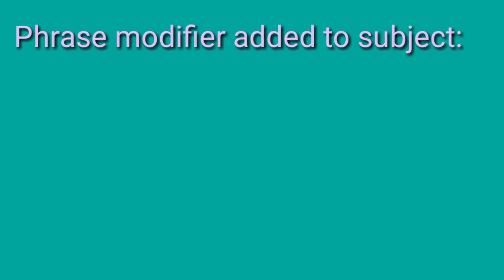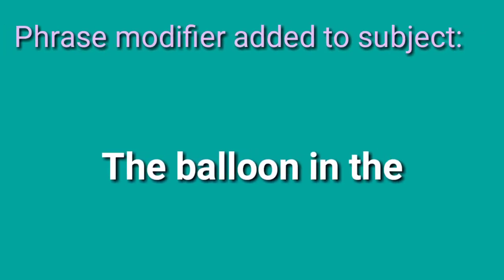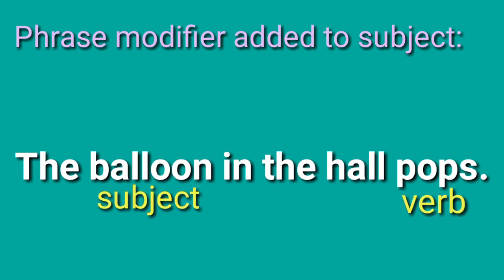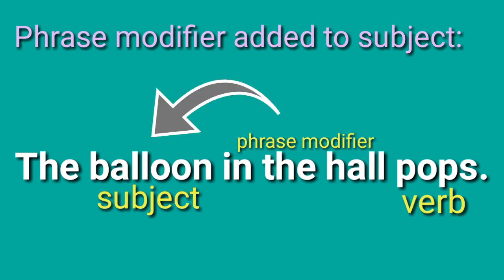Now let's have a phrase modifier added to subject. The balloon in the hall pops. Our subject, balloon, and our verb, pops. In the hall is a phrase that modifies our subject, balloon.